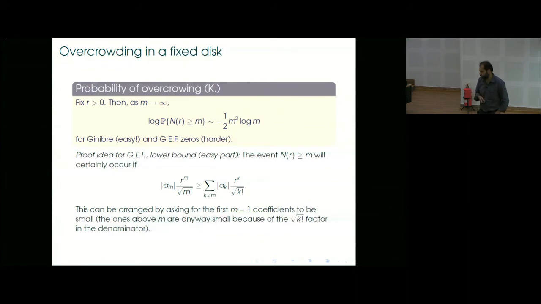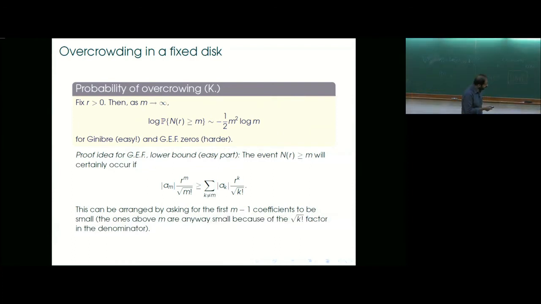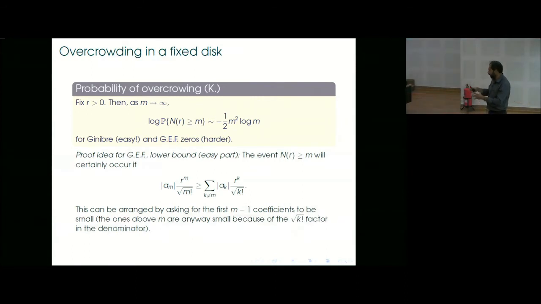Then you get the lower bound for the probability. That's the way lower bounds are obtained in this and all the results that I will mention. But for the upper bound, you have to do some bit of work to get the upper bound like this.